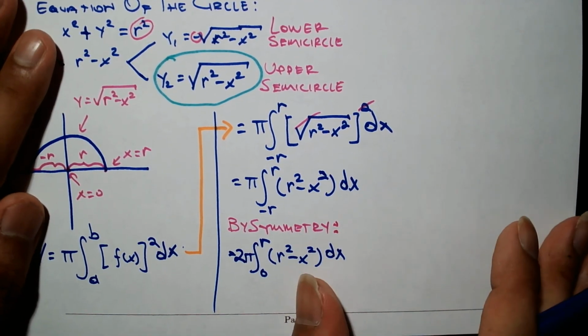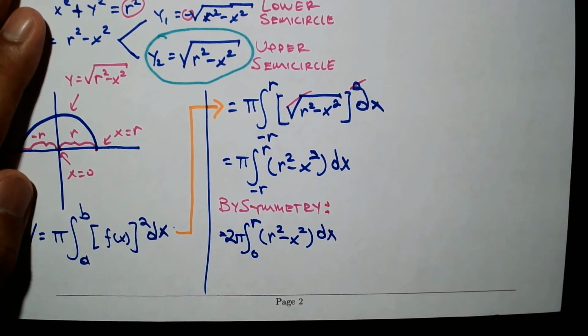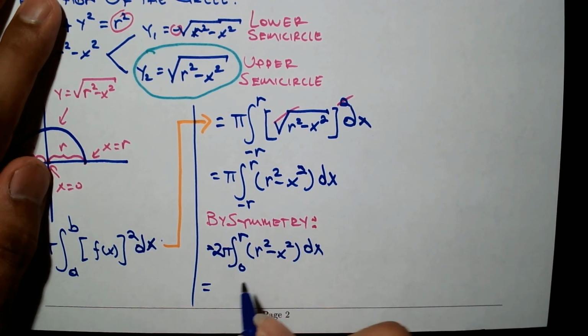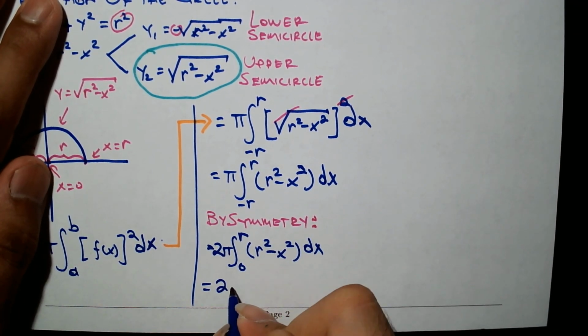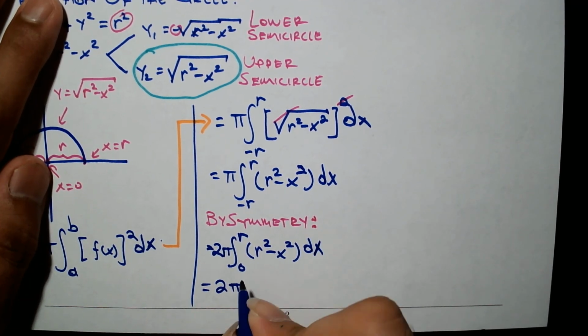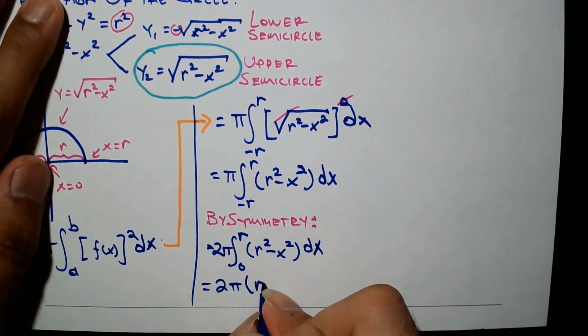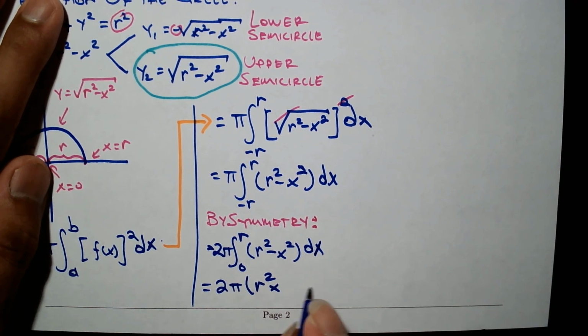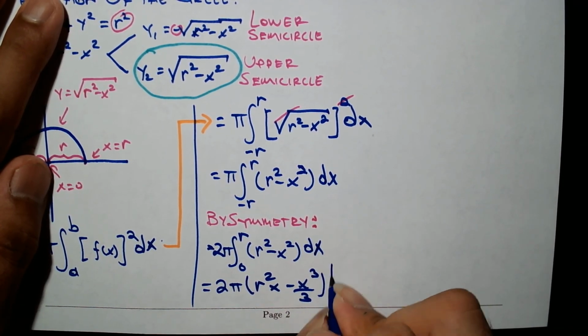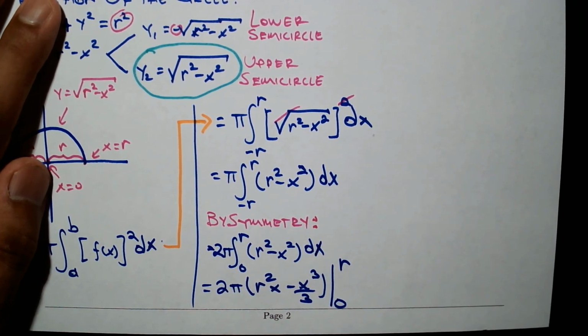All right. So in this case, all we do here is integrate using the general power rule. 2 pi times the integral of r squared with respect to x. This is just a number. This is going to be r squared x minus x cubed over 3, evaluated from 0 to r.